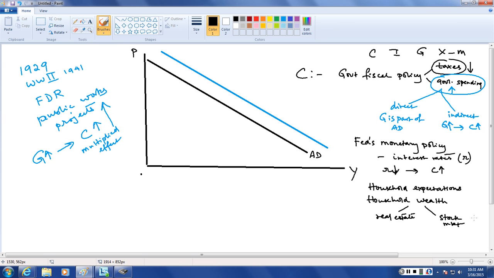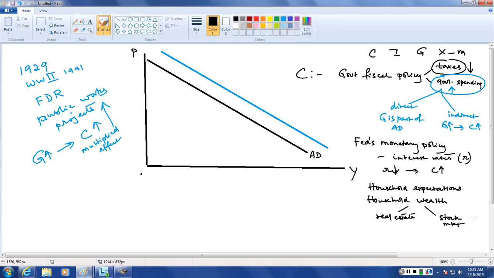Is that correct? If the value of your home goes up a great deal, you are going to feel wealthier. And when you feel wealthier, what does that do to your consumption spending? Let's say that the value of my home goes up by $100,000. That's going to make me feel wealthier, correct?